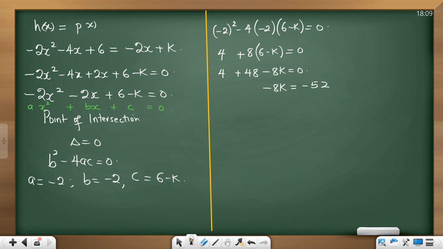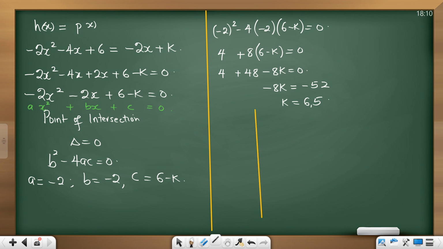Minus 8k, so 52 divided by 8. It's 6.5. Yes, sir.